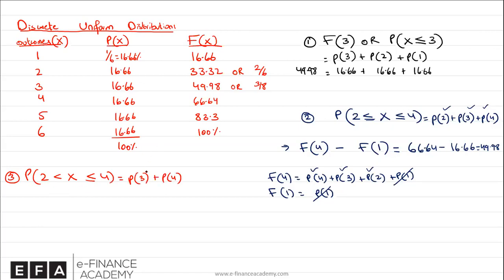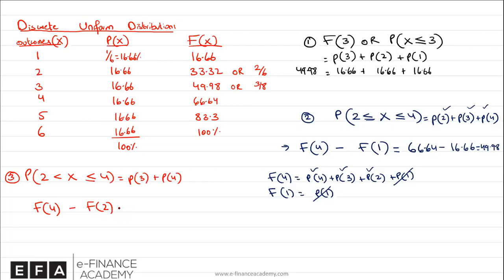So how will we answer this? If we are given cumulative probabilities only, then we are simply going to say F4 minus F2. That means when we are subtracting F2, we are counting ahead of 2, which is 3 and 4. That's how we'll get our probability that X is more than 2 but less than or equal to 4.